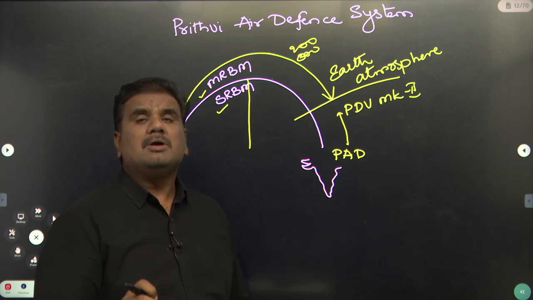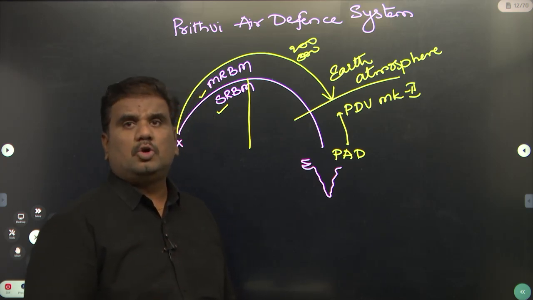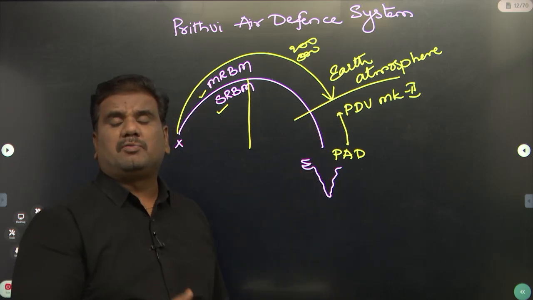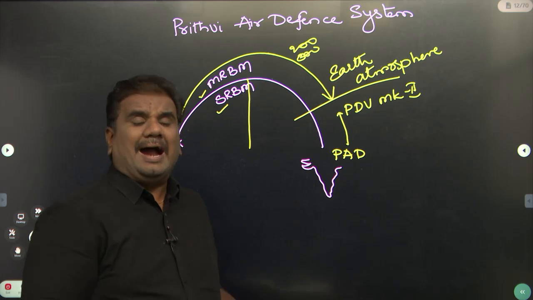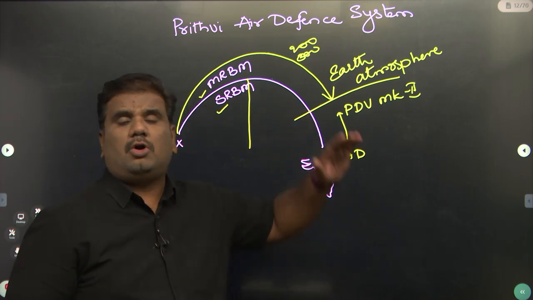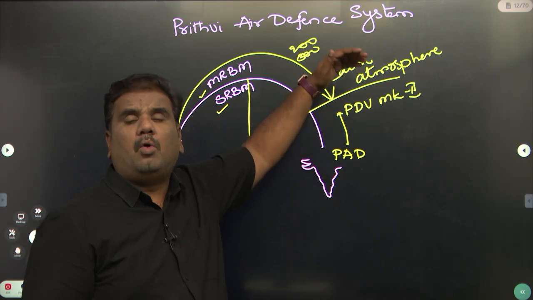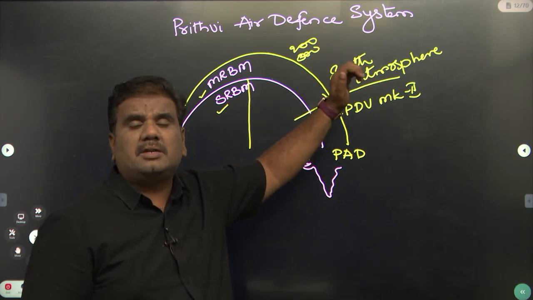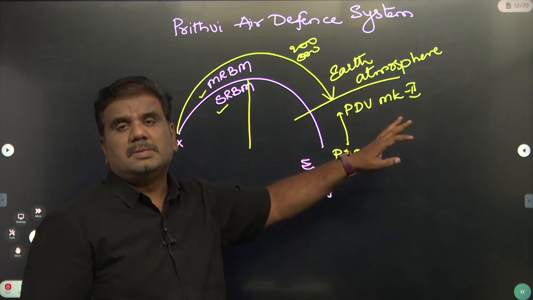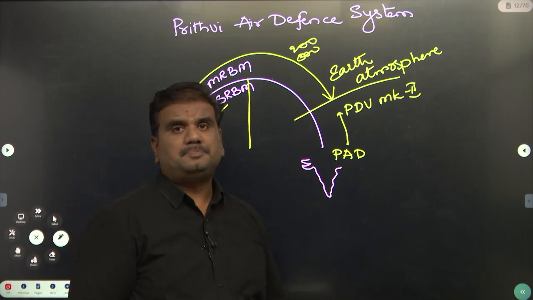At the same time, to destroy those incoming ballistic missiles, we launch the Prithvi Defense Vehicle Mark II, and it will destroy that incoming ballistic missile at a height of more than 80 kilometers from the surface. That is what is known as the Prithvi Air Defense System.